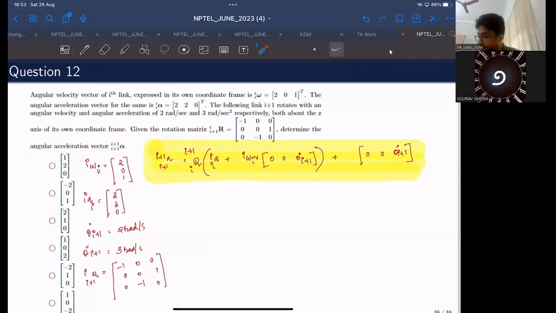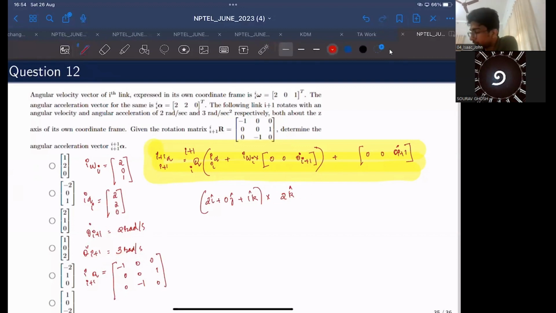That would be 2i plus 0j plus 1k, cross product with 0, 0, sorry, mixing the convention, that would be 2k. Because theta double dot i plus 1 is always going to be expressed with respect to the z-axis.